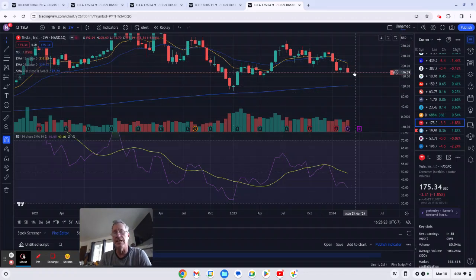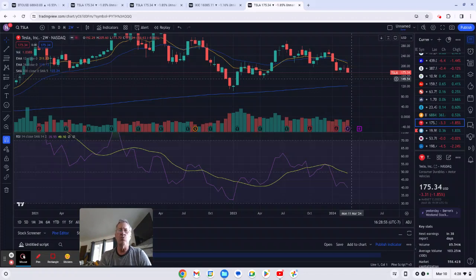So it looks like we are going to come back down somewhere in this area. Now I'm just going to estimate where I think it'll fall, and it's going to be a kind of broad range, but not too much between the higher end and the lower end that I think Tesla will finally bottom out at.